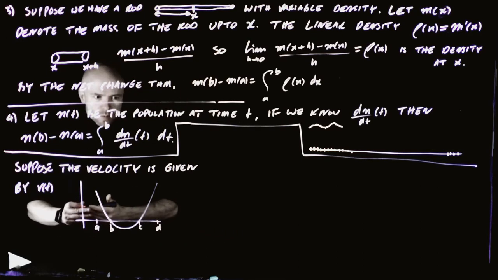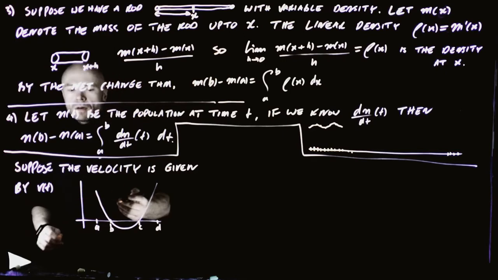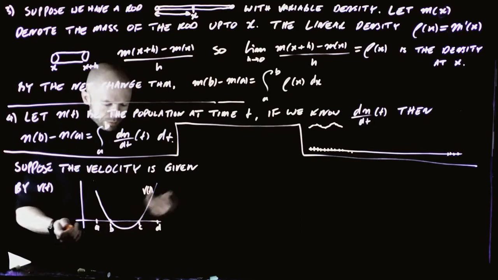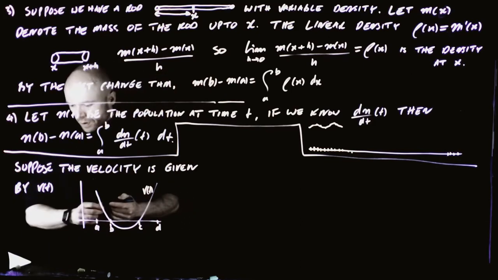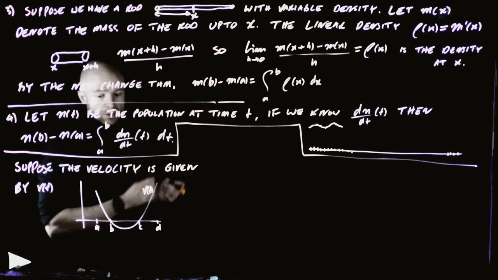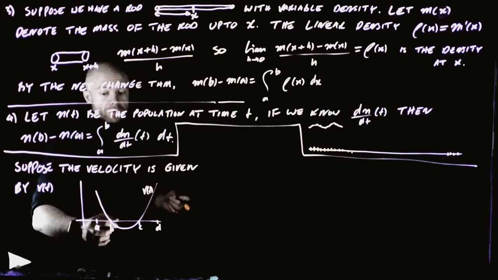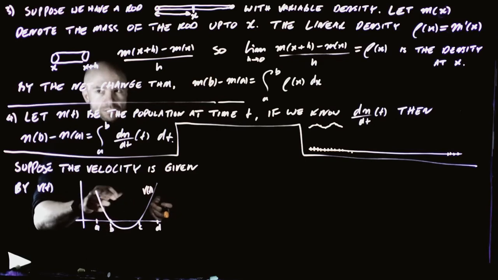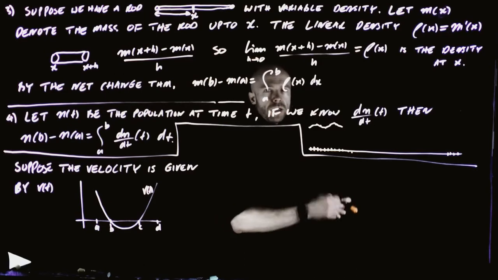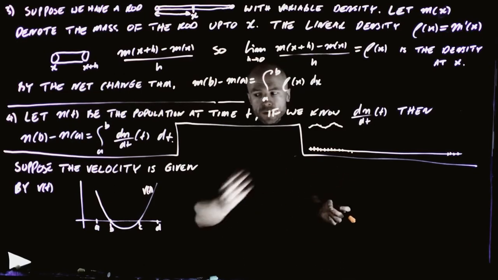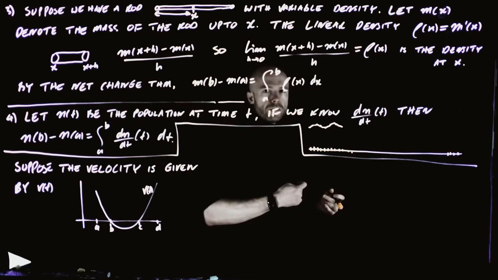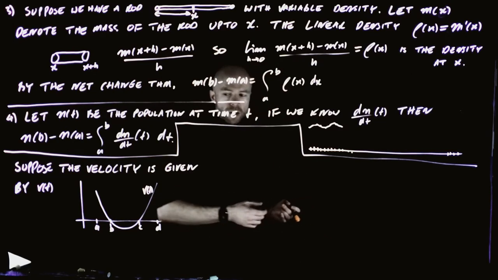Let's think about what happens as I go along with velocity given by this graph. Suppose right here at the edge of this board is where I am at time A. As time starts to run forward, my velocity is positive, but it is decreasing. So I'm going forward, but I'm slowing down, and finally at B, I stop. Then at B, I start to go backwards, I have negative velocity, and I go backwards faster and faster.